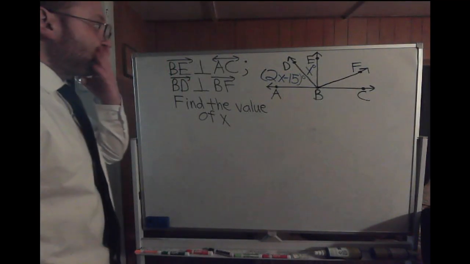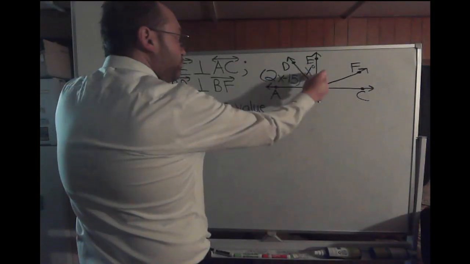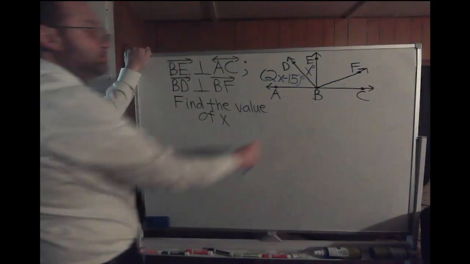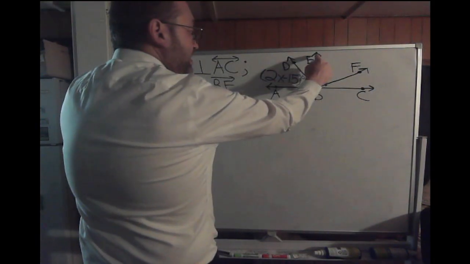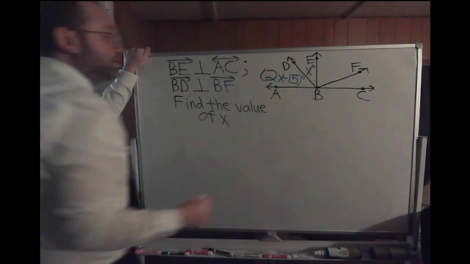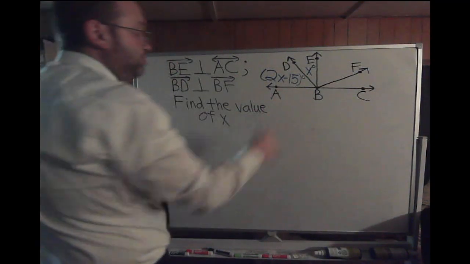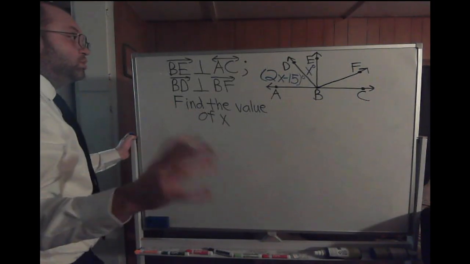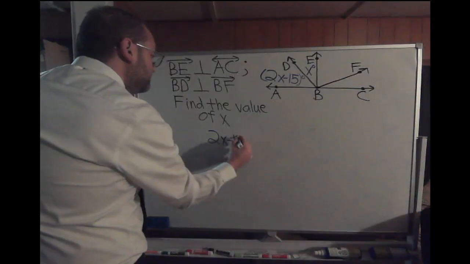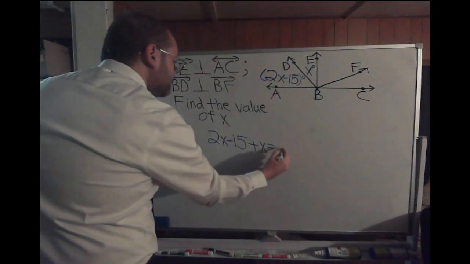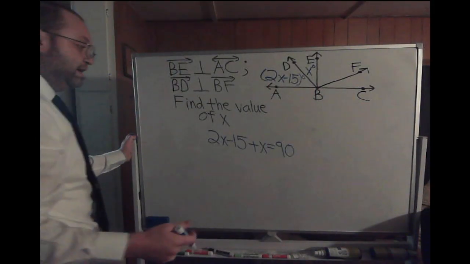Well, here's something. Since we know ray BE is perpendicular to line AC, that means angle ABE, or EBA, however you want to write it, is a 90 degree angle since they're perpendicular lines. So you take that 2x minus 15 plus your x and set that equal to 90, since these two together form a 90 degree angle.